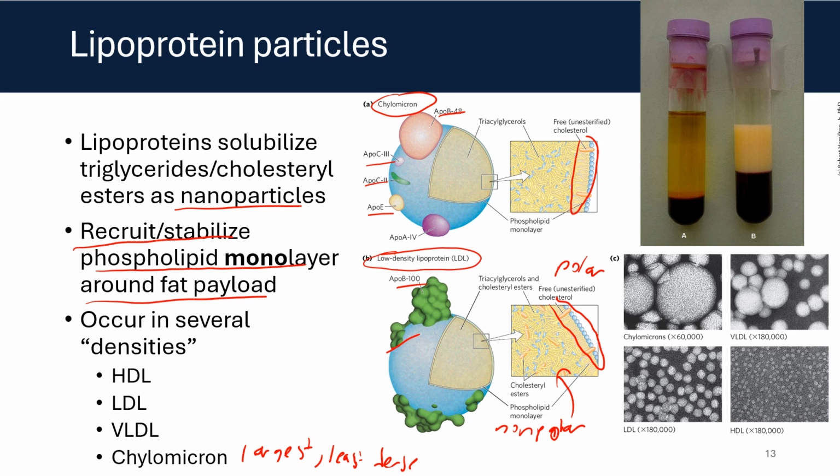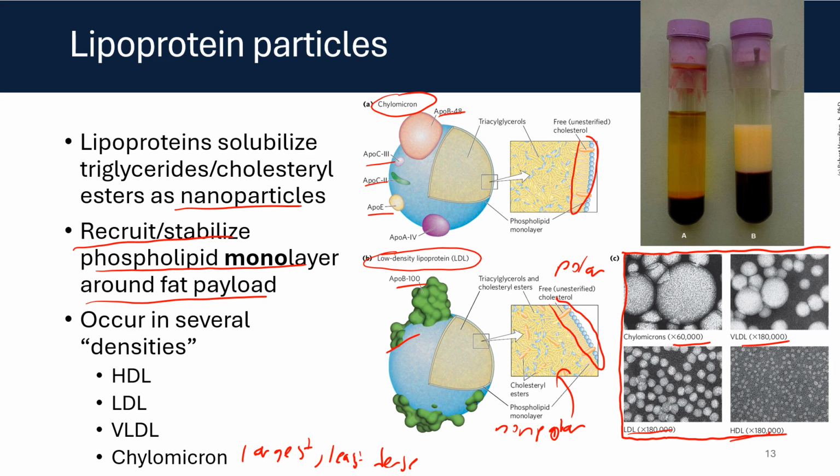Largest and least dense. We can see that by examining these electron micrographs shown over here. We only need 60K magnification to visualize a chylomicron. We have to triple the magnification to make the VLDLs, LDLs, and HDLs all visible.